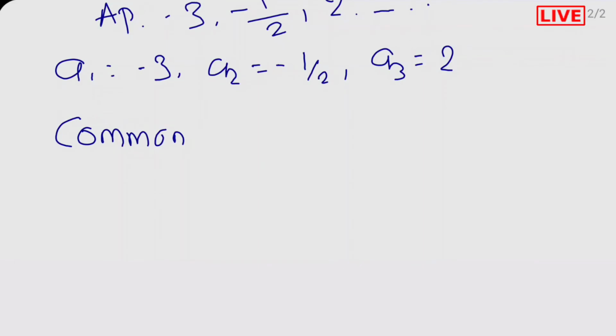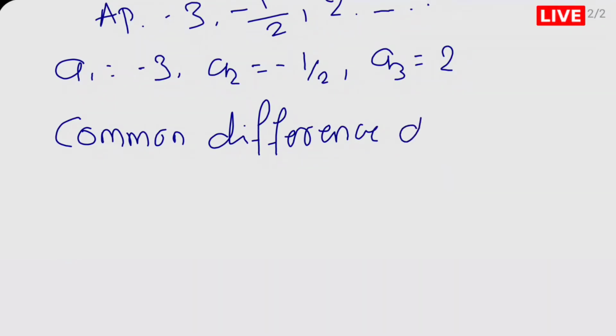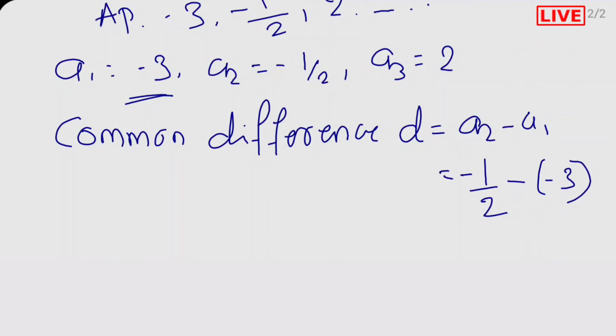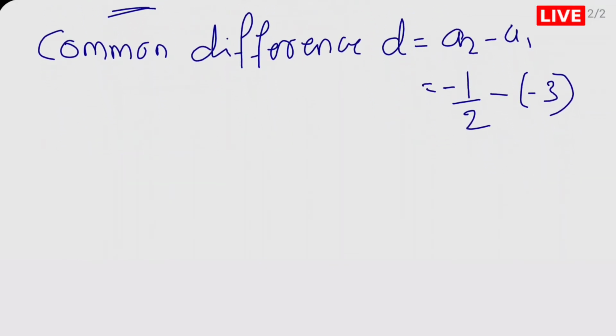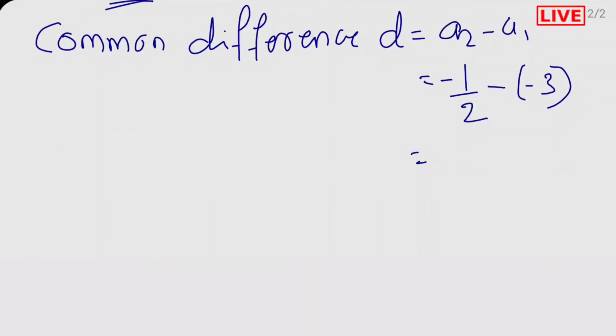Common difference D is A2 minus A1. So here A2 is minus 1 by 2 and minus A1 is minus 3. So minus 1 by 2 as it is, minus into minus is plus 3.